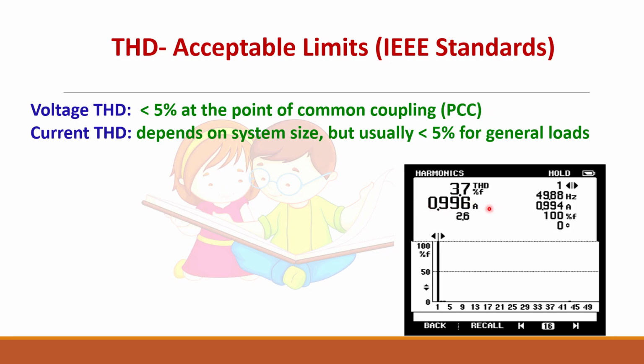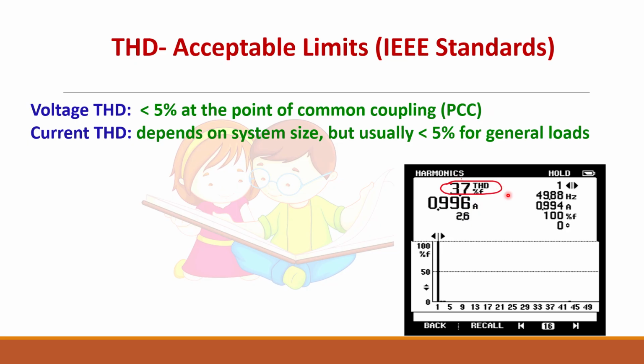That 1 amp current has a THD of 3.7%. From this power quality analyzer, you can also measure the power factor. What was the frequency at that time? You can see here 49.88 hertz is the frequency at that time. So you can measure all these parameters and you should ensure that this THD is within the prescribed limit.